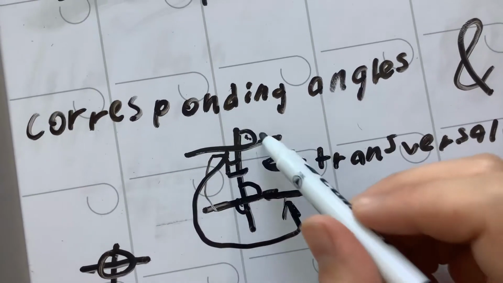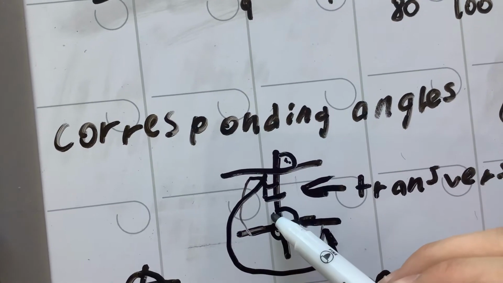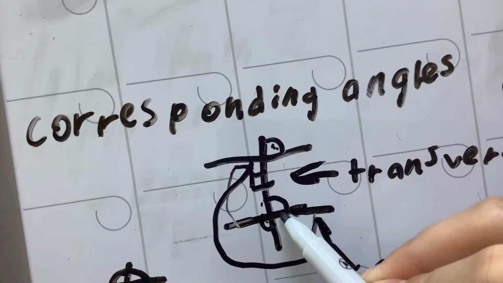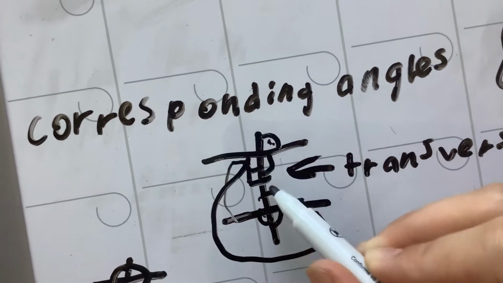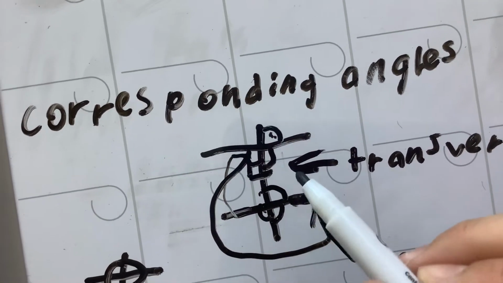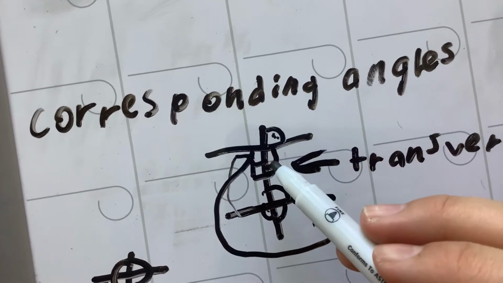But these two are known as alternate exterior angles. These two are the same-side interior angles. These two are the same-side exterior angles.